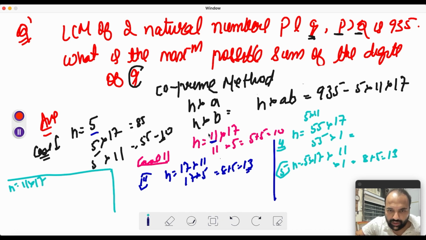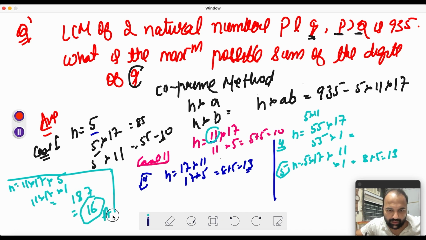Over here we have taken H only as 11, so don't get confused. If I do so, 11 into 17, we get 5 over here and we get 1 over here. So 11 into 17 is 187, and 5 plus 1 is 6, So that's our answer, see what we have done now.